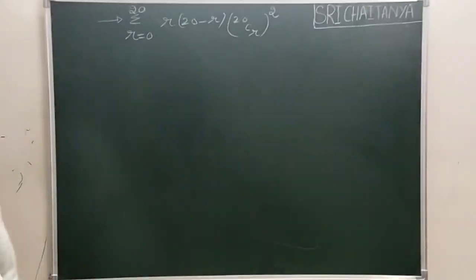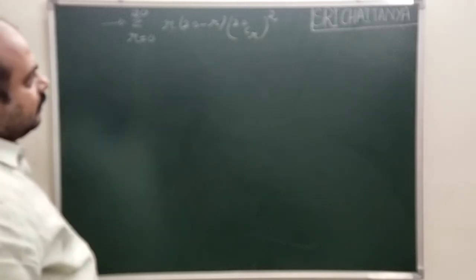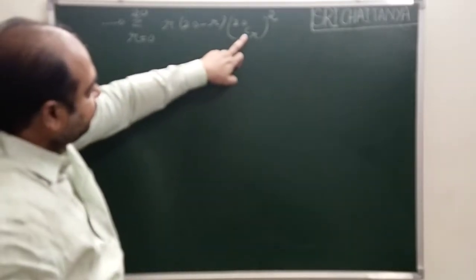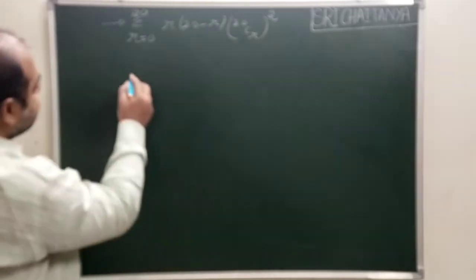Take one problem. Look at this problem. So first, before NCR, if any polynomial is there, you have to eliminate that.